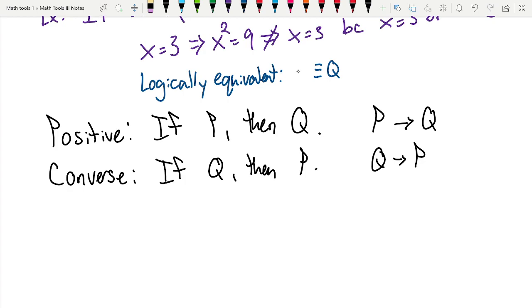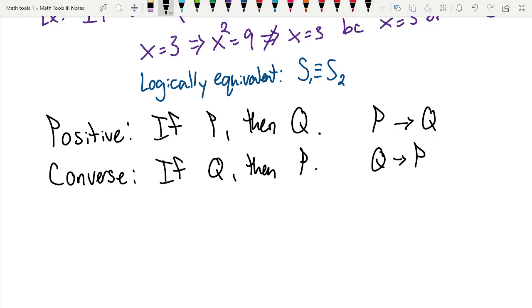I'm sorry, I shouldn't have written P and Q here, because that's not exactly what I mean. P and Q we're using as the component statements, but I'm talking about the big overall statements, which we called S earlier. So let's say S1 and S2, for example.